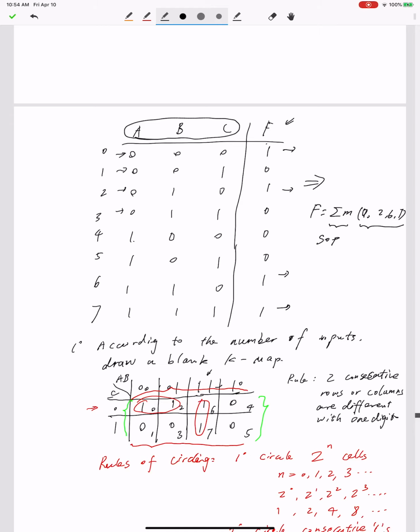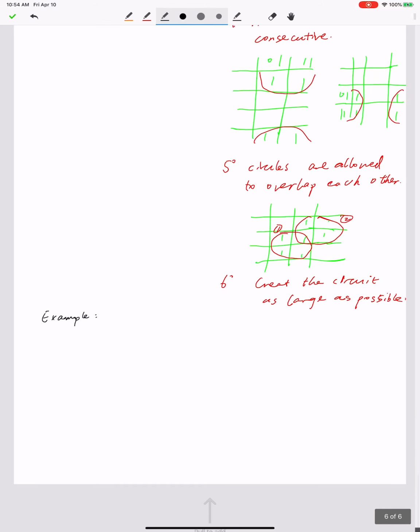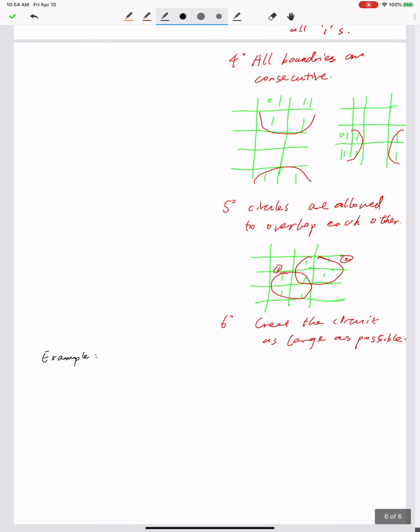Inside these parentheses are the rows that output 1. We have 4 rows that output 1, so we write 4 row numbers inside these parentheses. If you compress the entire truth table into this single-line expression, you will find the advantage: it's more compact and more concise to represent your idea.